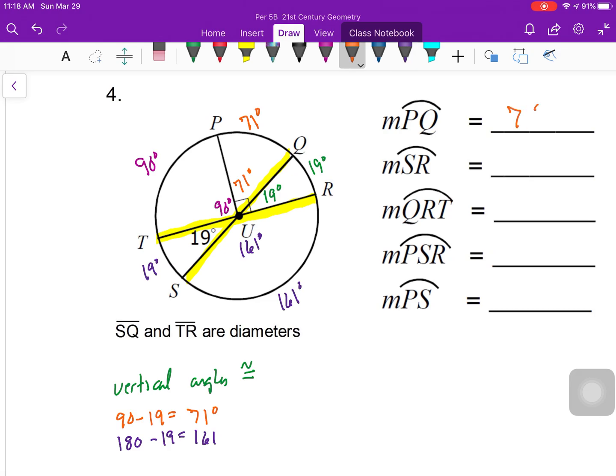Okay, now let's see if we can fill in what they asked us for. The arc P to Q, we had that one almost right away. The arc S to R, that one's the 161. The arc Q to R to T, okay, QRT.